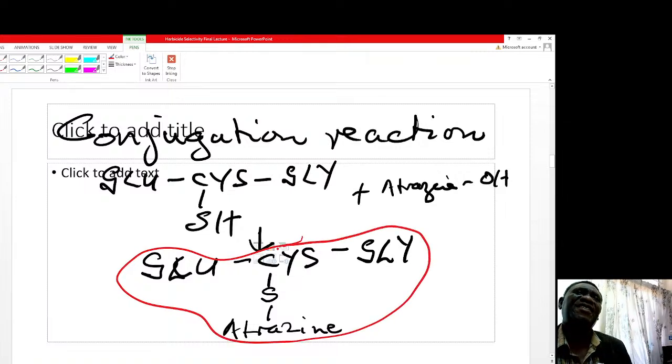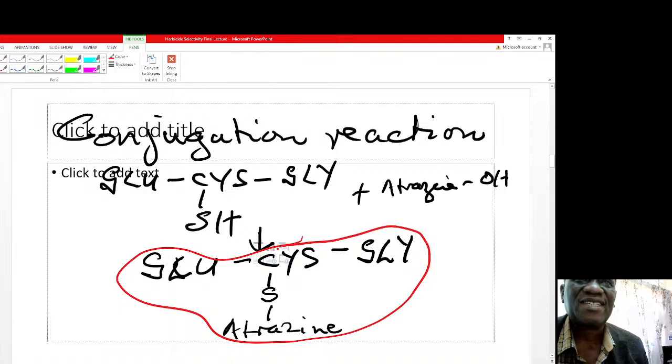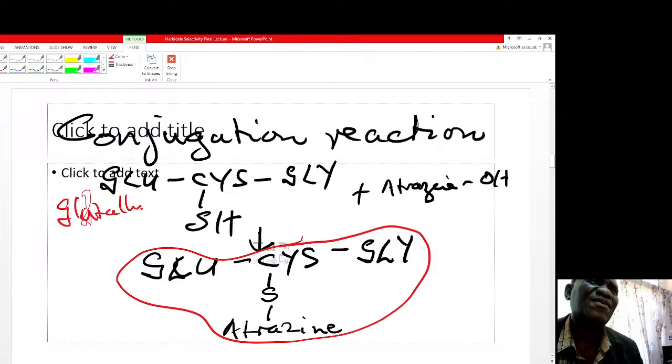Right, and from this structure, this one makes atrazine less toxic. Actually, it detoxifies the atrazine. Now, in maize leaves, we do have a lot of glutathione. That is this glutathione.